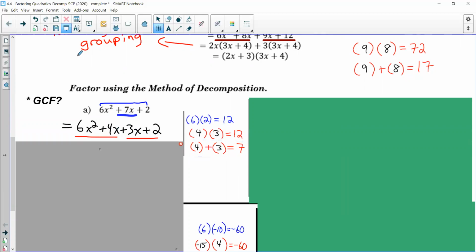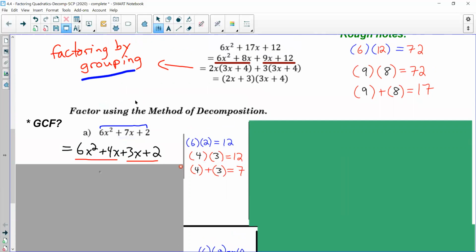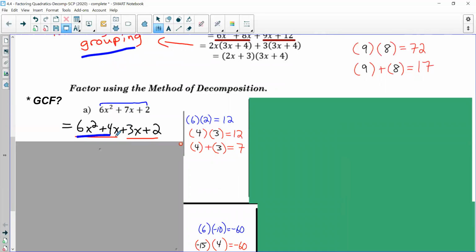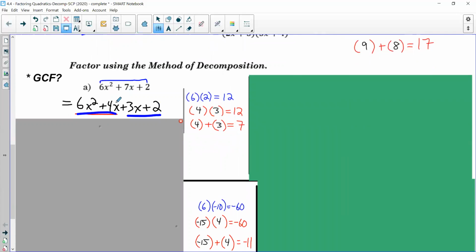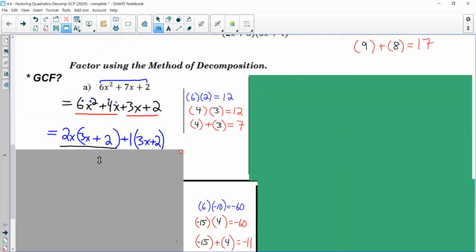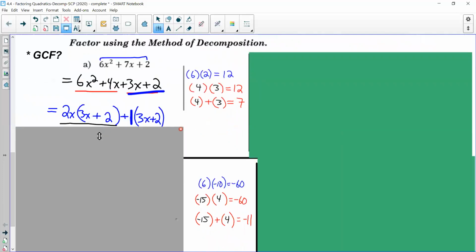And then we're going to do this factoring by grouping again. So we group the first two, we group the last two, and we'll look for common factors. So this has a common factor of x, and also you can divide both of them by 2. Now, there is no common factor in the second part, but we can use a common factor of 1 to help us get the other bracketed part that we're looking for.